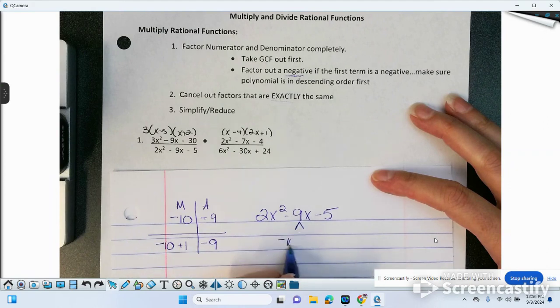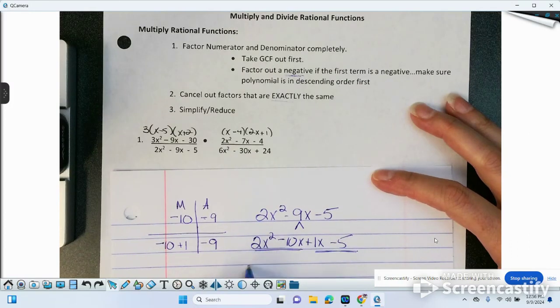So negative 10x plus 1x, bringing down my 2x squared and my negative 5. So remember, all we need to do now is factor by grouping. So the GCF of these two would be a 2x, and that would leave me, when we divide through by a 2x here, with x, and when you divide by a 2x over here, it'd leave you with a negative 5.